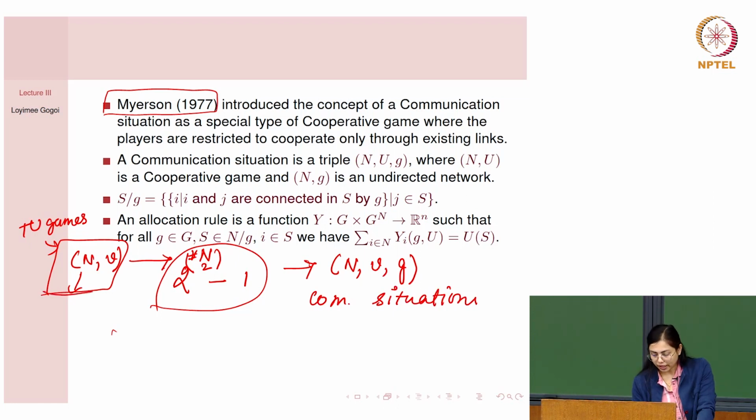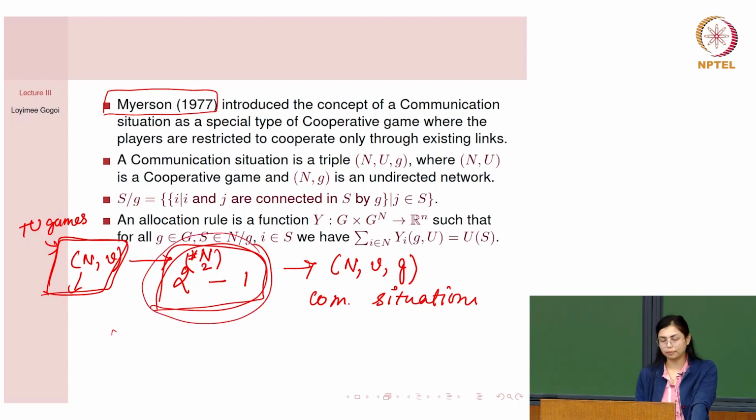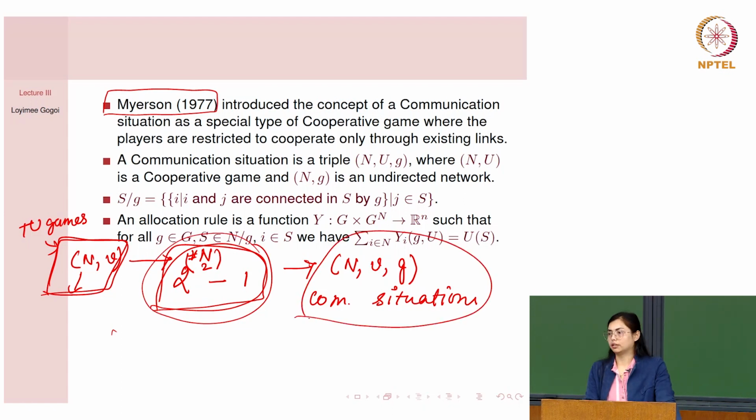So for a single particular TU game, for a particular n, we have 2 to the power n(n-1)/2 graphs, right? For each graph we can have one communication situation.